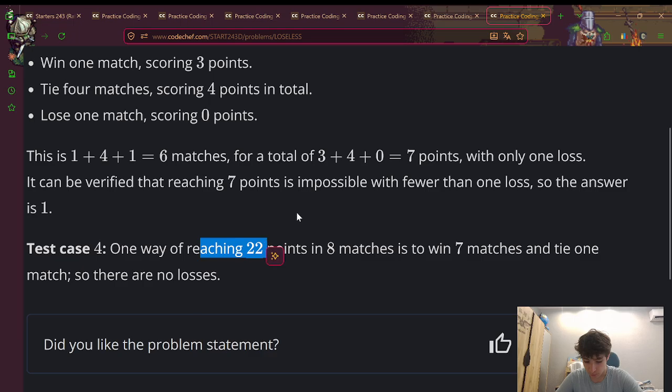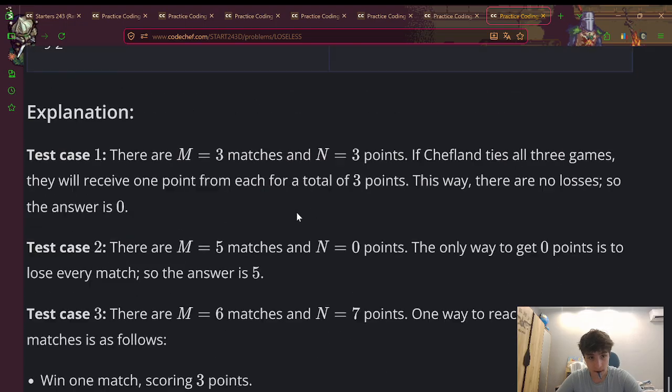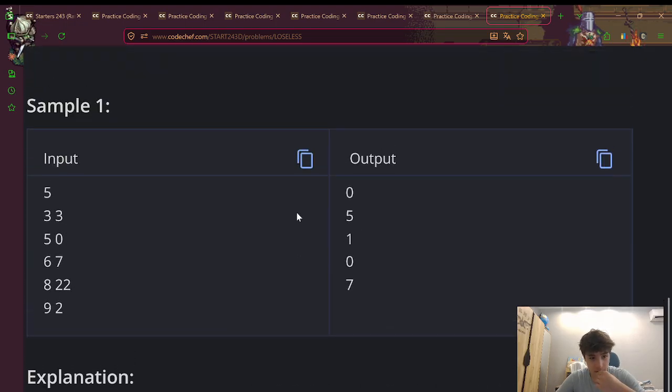One way of reaching 22 points. I think I will shut up and do this task for so long.